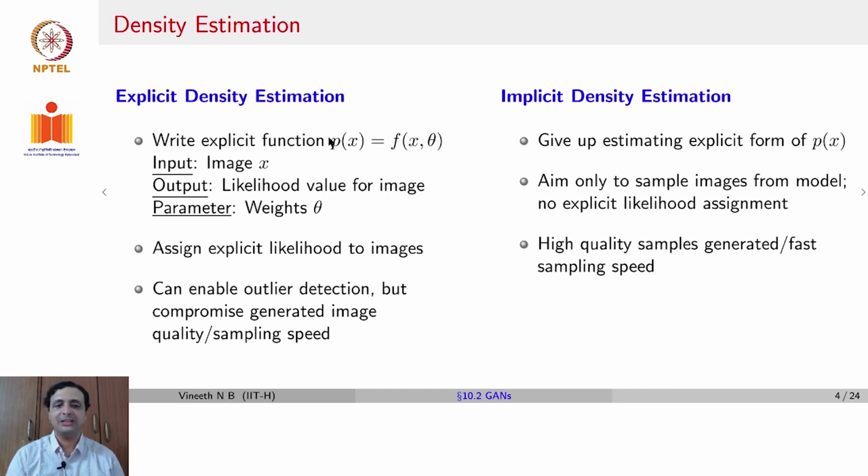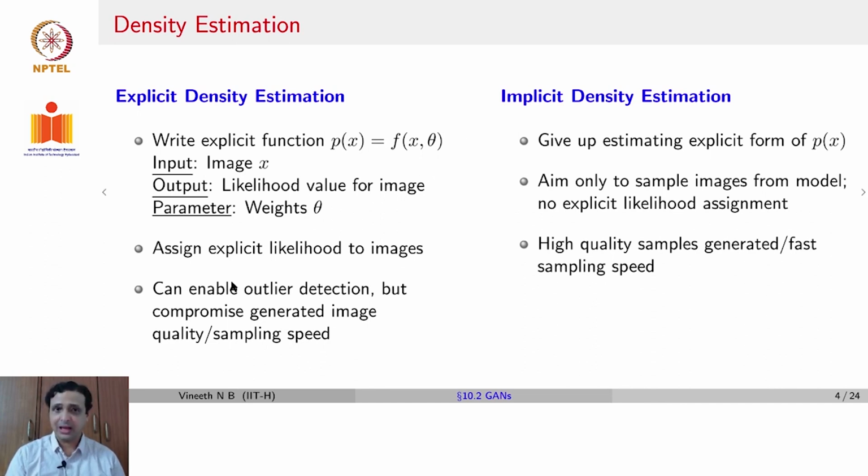For example, you may say P of X is equal to f of x, theta, where f could be a Gaussian function in the case in which you assumed a Gaussian distribution for the density. In this case, the input would be image X, the output P of X would be the likelihood value for image X, and the parameters would be the weights theta, which defines that function that you've assigned for the density.